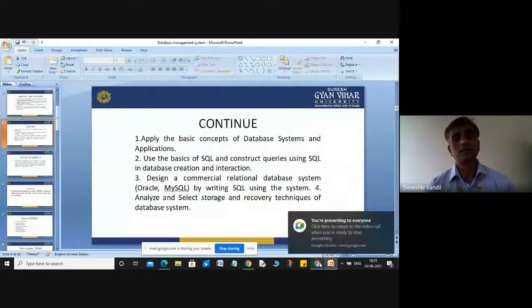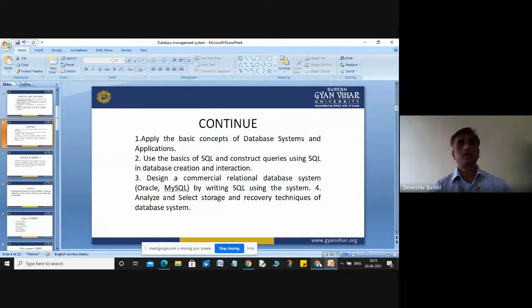And after studying the subject, students will design a commercial relational database system by writing SQL, and analyze and select storage and recovery techniques of the database system. So there are many objectives and outcomes of this subject.